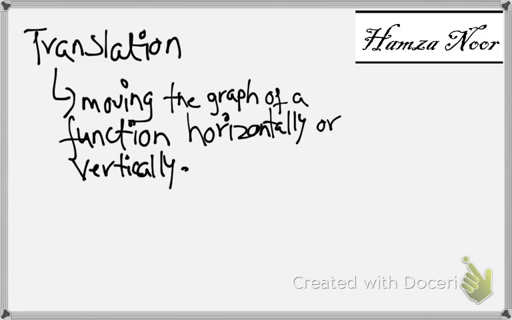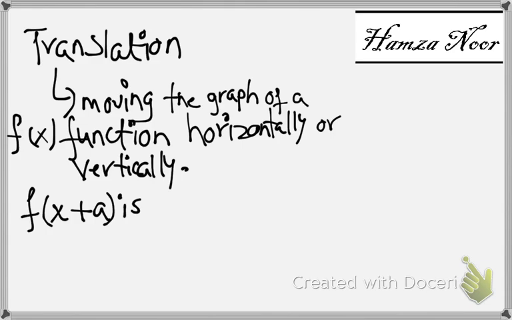So keeping it much easier for you to understand, if you are given a basic function like f(x), now you are given f(x + a). So a constant term is added within a function. f(x + a) is a horizontal translation of minus a.